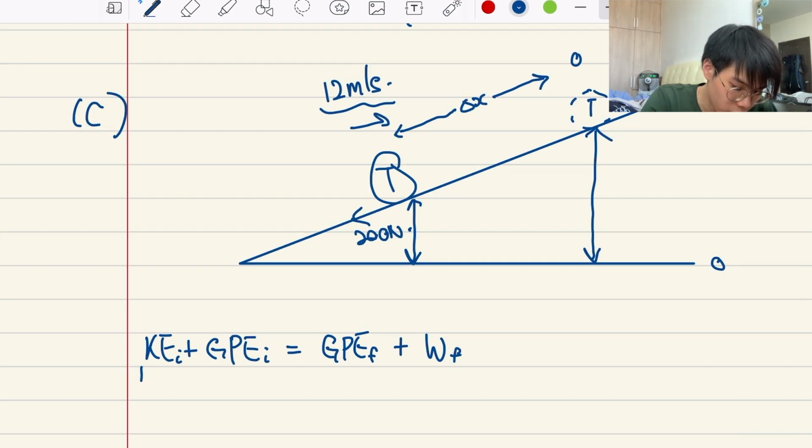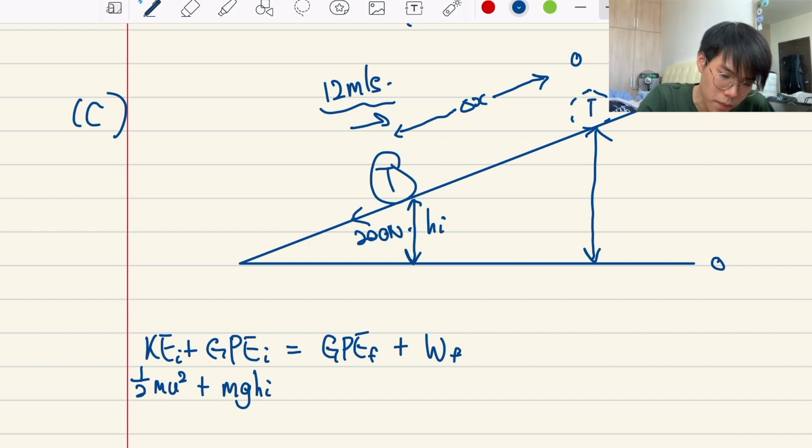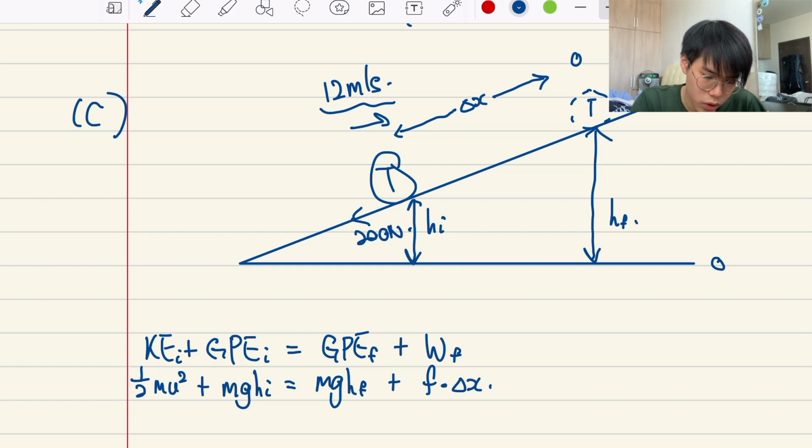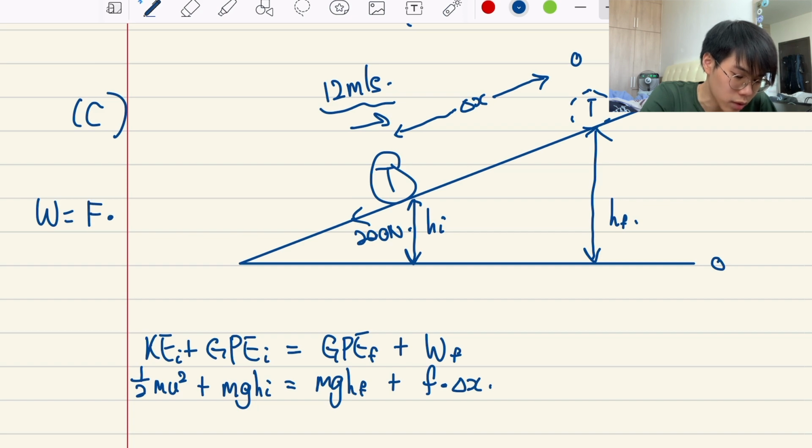Here we can write down half mv squared plus mgh initial, and we take this as initial, goes to mgh final plus friction times the distance moved, which is W equals F times S, the work done equation.